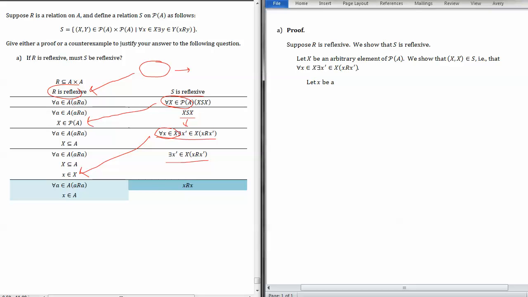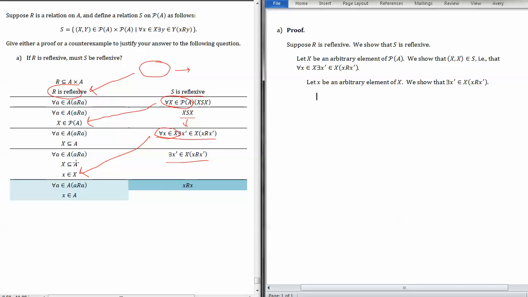Let X be an arbitrary element of capital X. We show that there exists X prime in X such that X is related to X prime. Just copying from the other side. And very good.